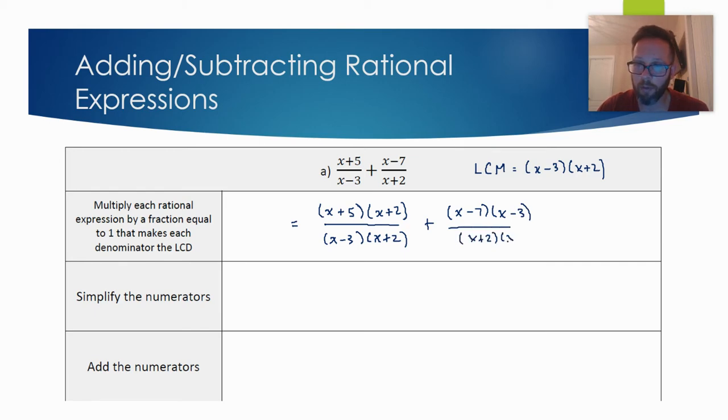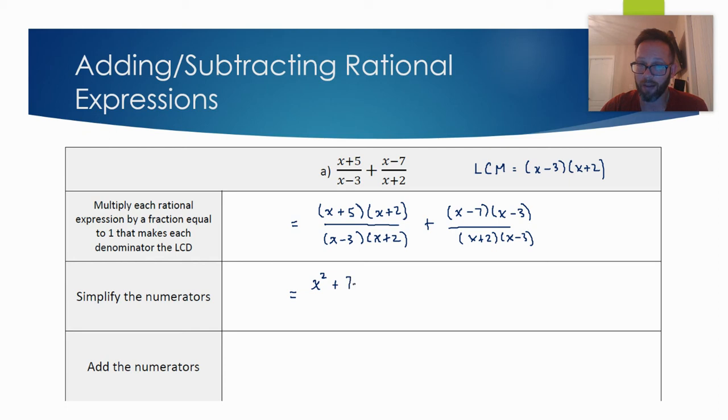x plus 2 times x minus 3. And even though I've written them vertically so that you can see it's like 1 over, those divide to 1 and they're equivalent. But of course, x minus 3 times x plus 2 is the same as x plus 2 times x minus 3. So now we can continue. We can simplify the numerators. This just involves FOIL. So we have x squared, and you can do this in multiple steps. I can see that we're going to get 5x and 2x.